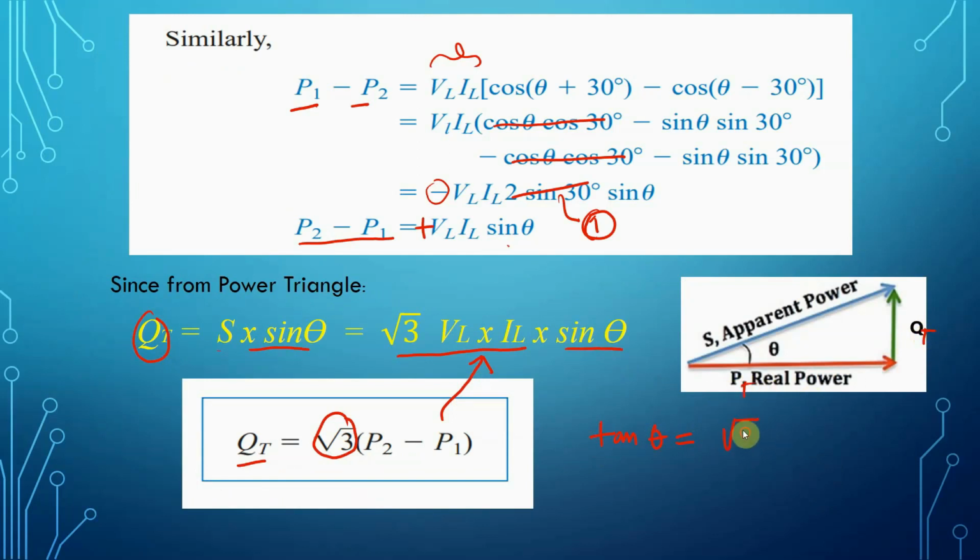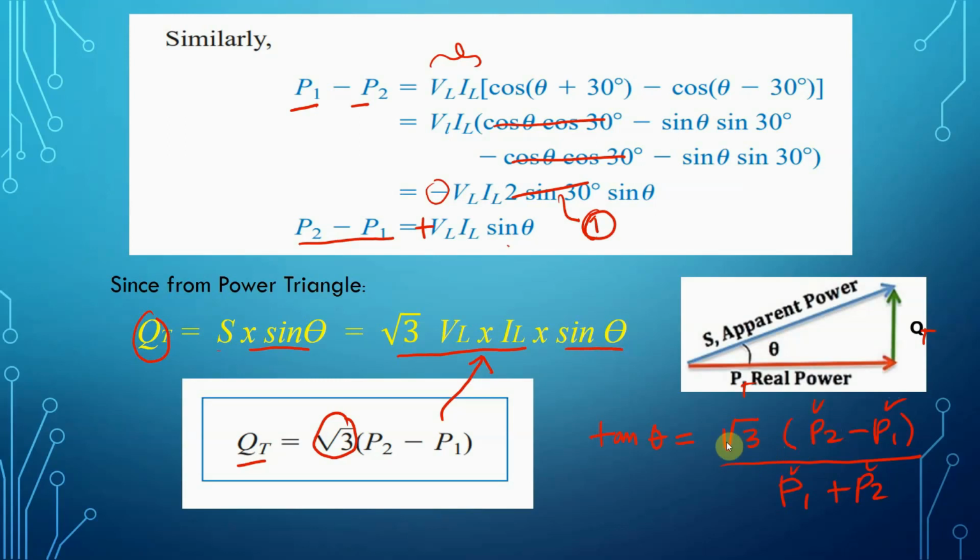Square root of 3 times P2 minus P1, divided by the real power P1 plus P2. Now, here P1 and P2 are our wattmeter readings. This is also our wattmeter reading: W1, W2.